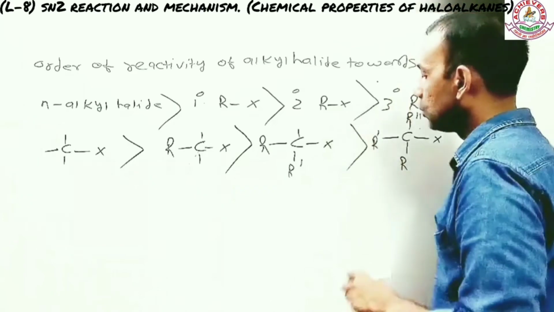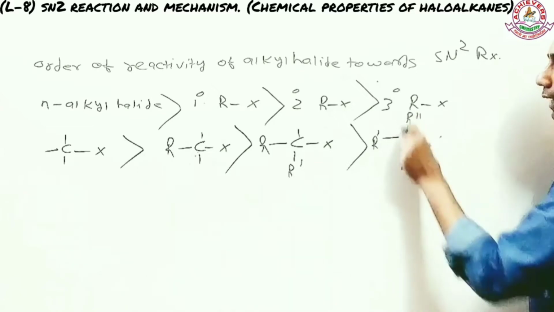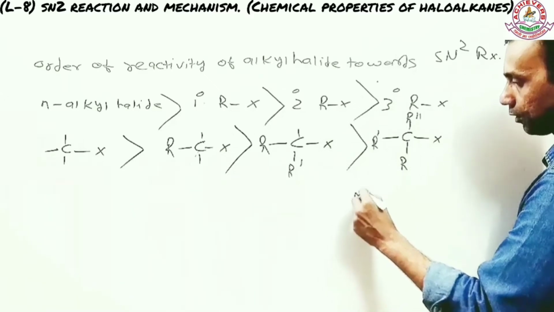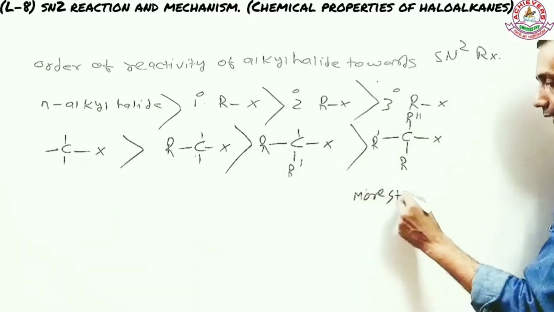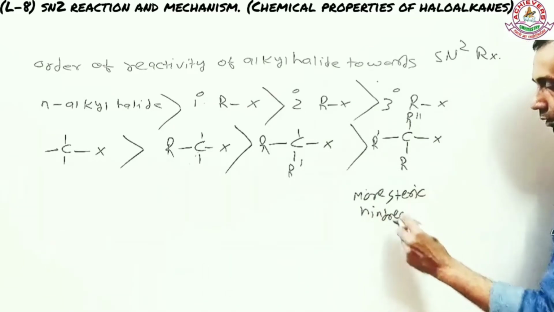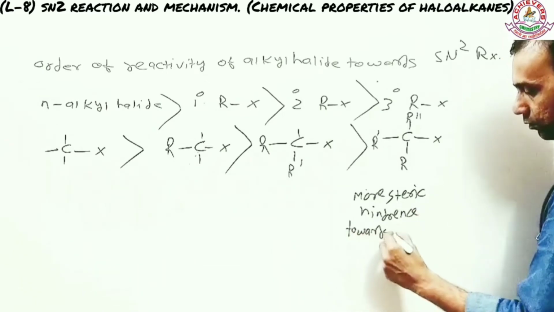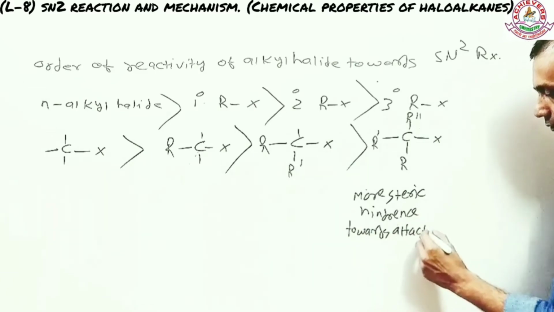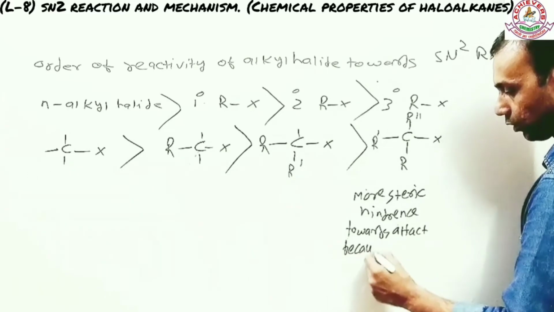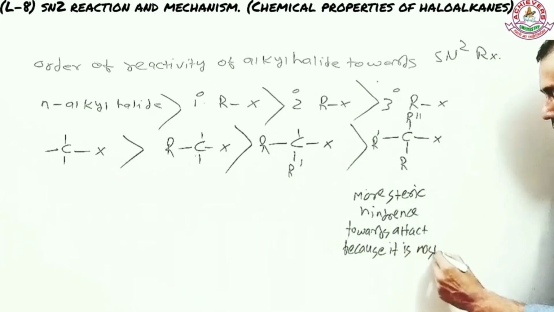And the answer is that if you concentrate here, in this case there are 3 alkyl groups from either side. So it has more steric hindrance towards attack, because it is most bulky.